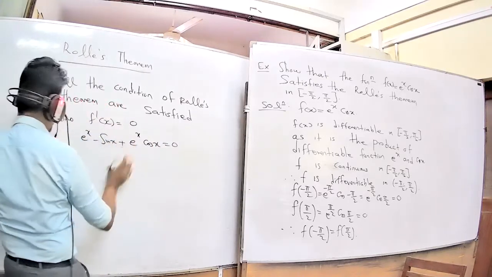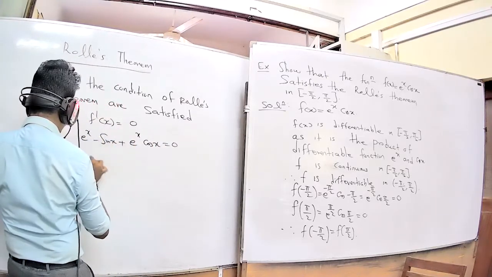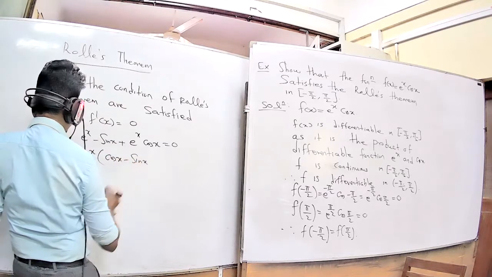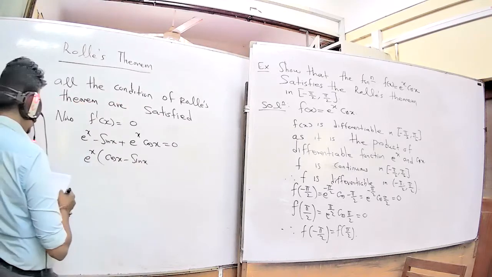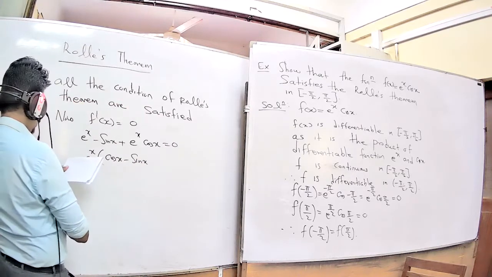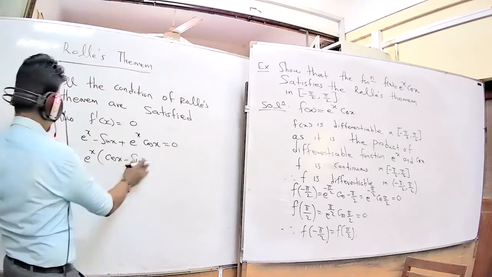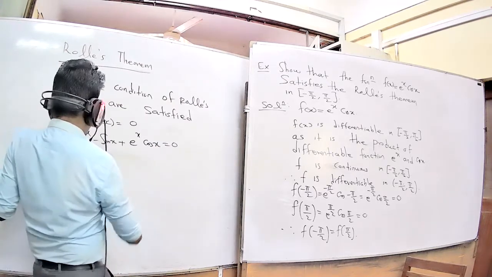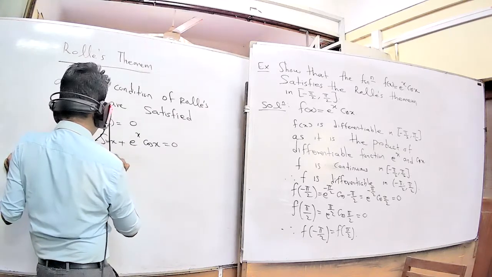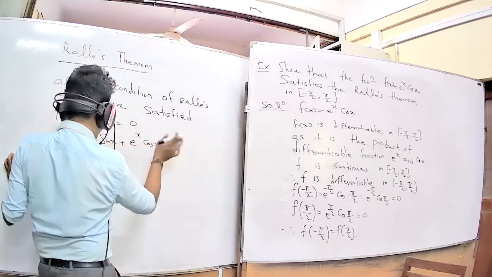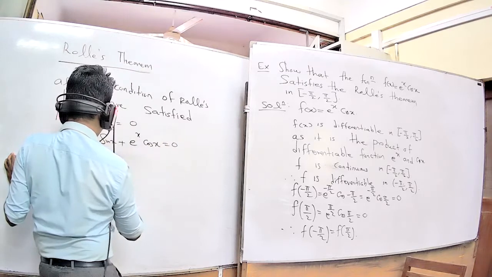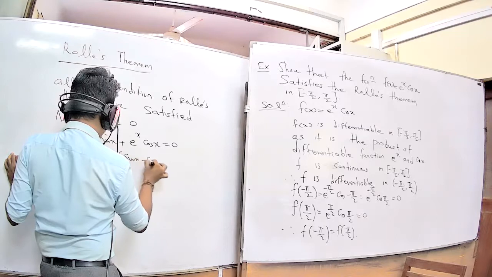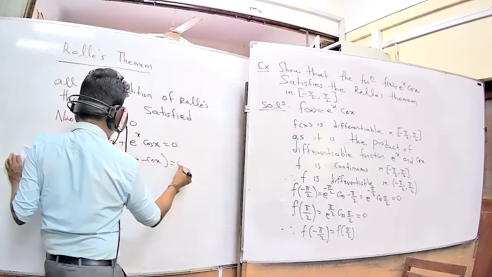So you can take e power x outside: e power x times cos x minus sin x. Otherwise sin x minus cos x is also okay, no problem.